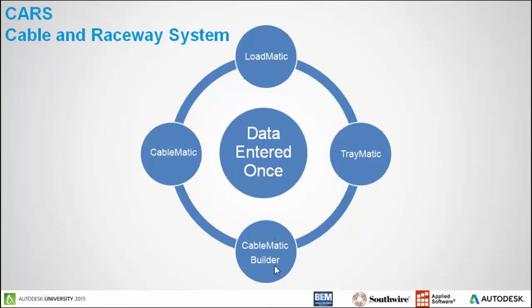Finally, all of this information can go to the field in Cablematic Builder so that the construction group has access to the same data as the engineering group, and we will also be able to collaborate on a fast-track project or keep up with our changes to the projects as construction goes on.